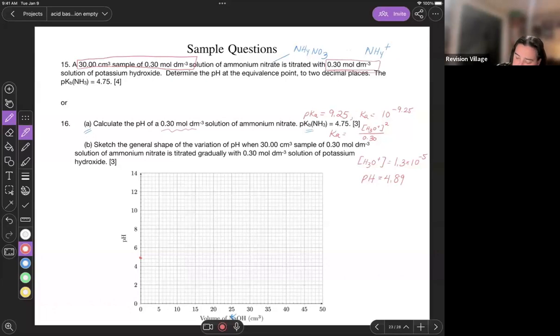And so the equivalence point should occur at 30. The half equivalence point is going to be at half of 30, which is 15. And at the half equivalence point, the pH is equal to the pKa. So at 15, I should be able to put in 8.4, 8.8, 9.25, a point right there.